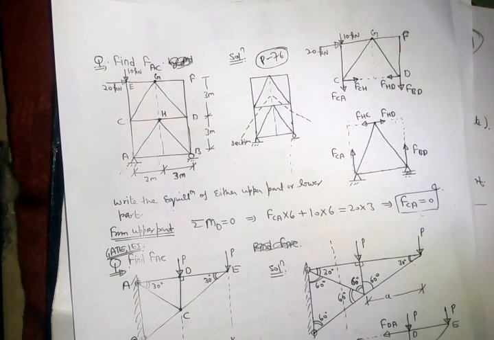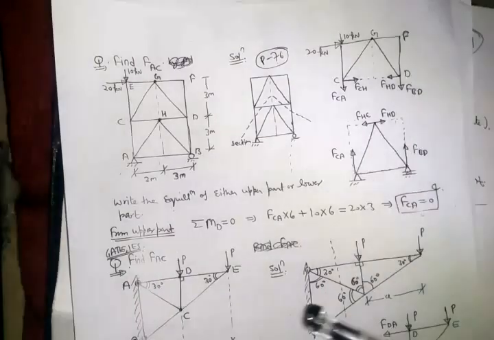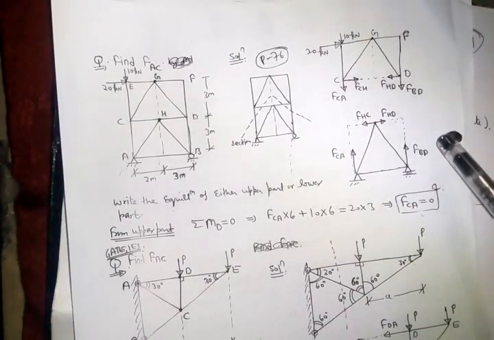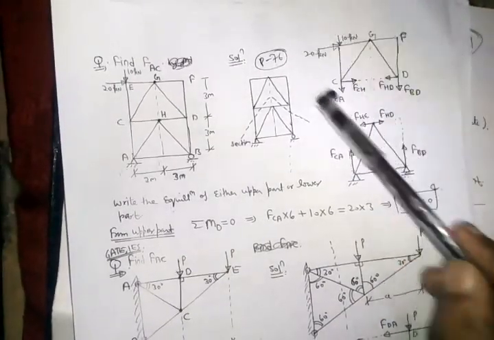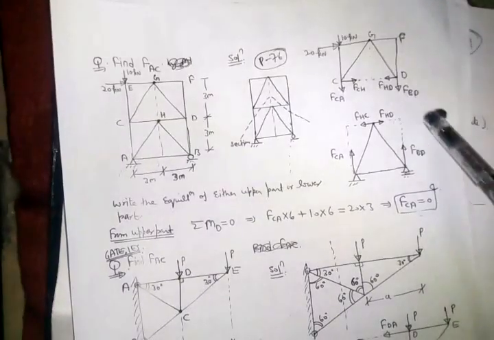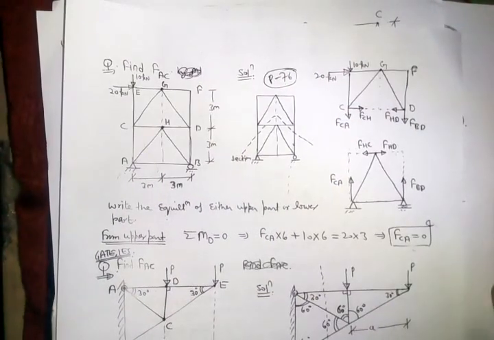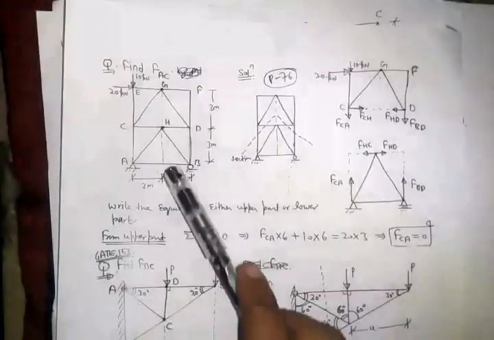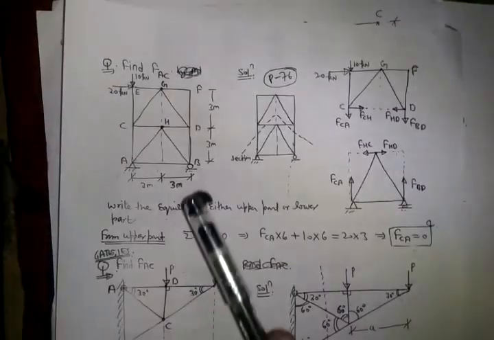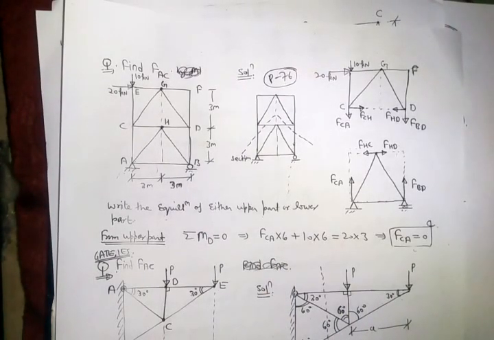However, I can write the equations summation Fx = 0, summation Fy = 0 and summation Mz = 0 for this part or for this part. But the convenient equation is summation of Mz = 0. This is a question of GATE, and this question was also asked in engineering mechanics first year, right?